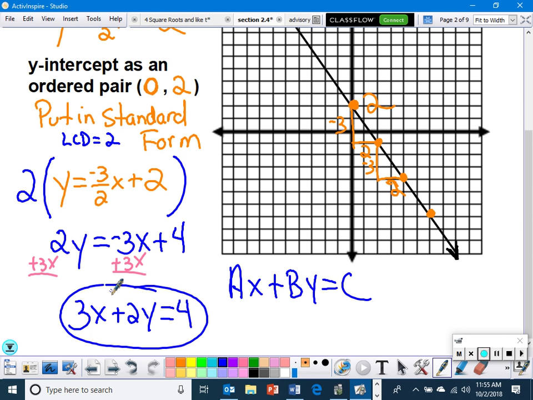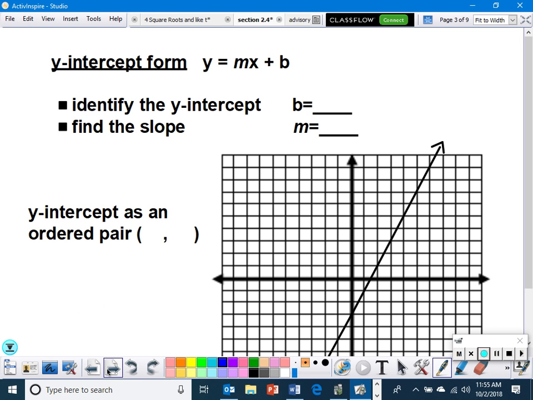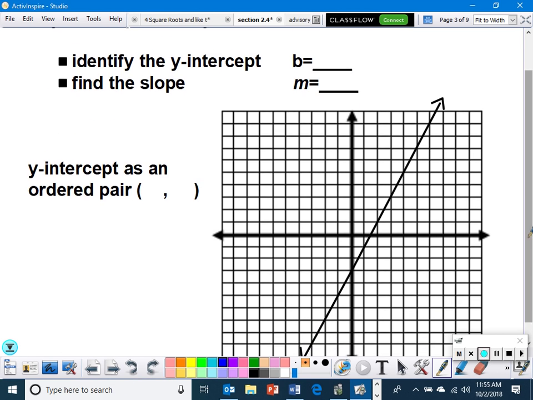All right, let's do another one from the graph. Here we go. So in this scenario, our y-intercept is negative 3. Again, follow the line and look at where it's crossing at the grid line.